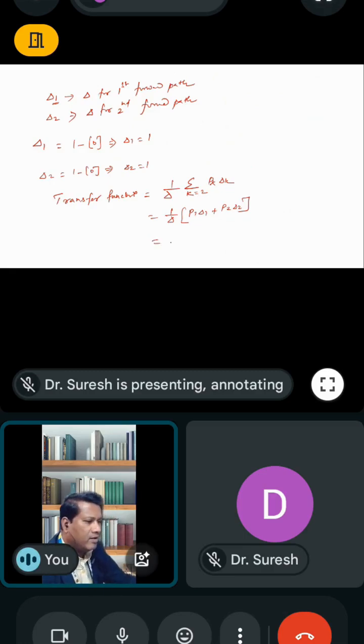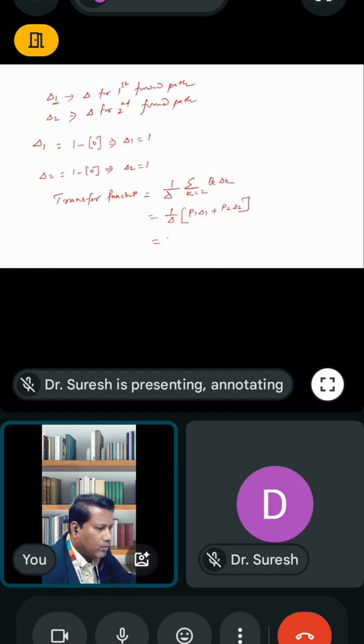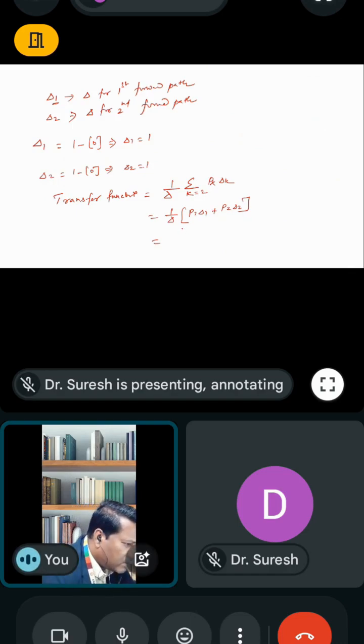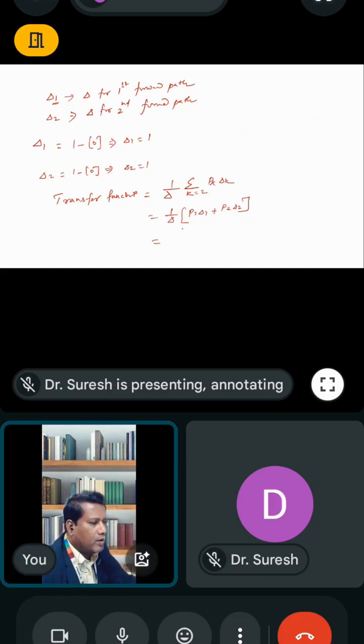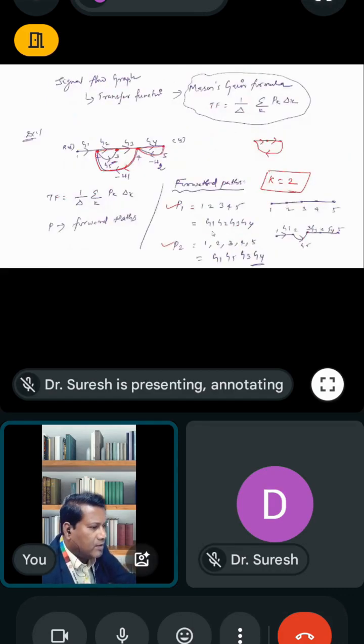Substitute the del value and the p1, p2, del 1, del 2 values. So the p1 value is g1 g2 g3 g4. Kindly check it.